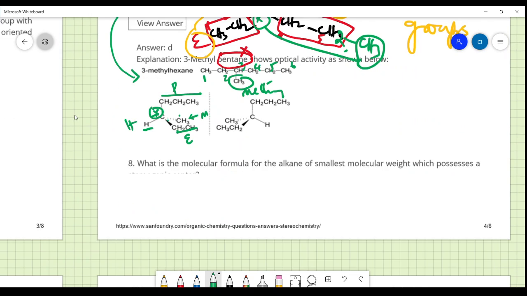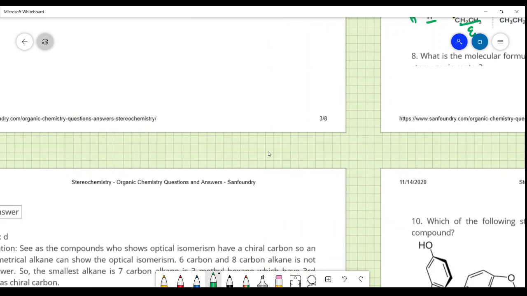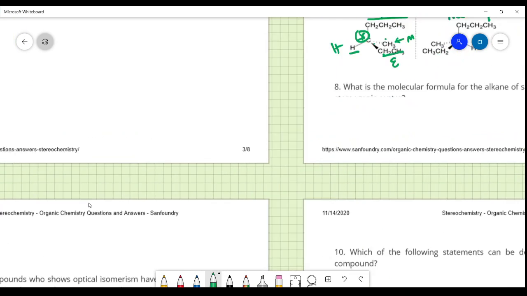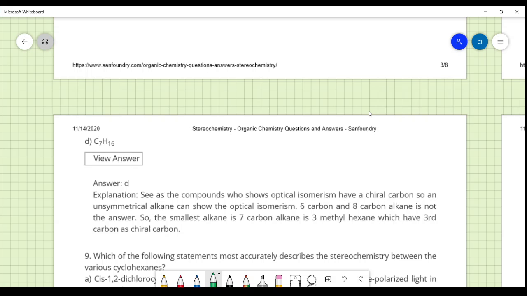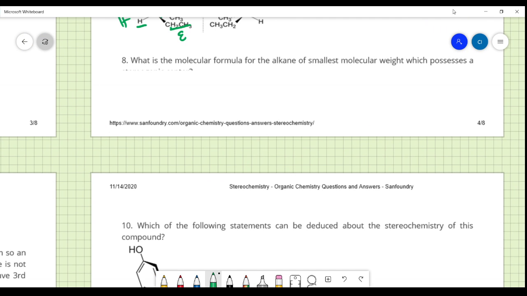Then the next question is, what is the molecular formula for the alkane of the smallest molecular weight which possesses a C7H16? I think something is missing there. Question 8. I'll just try to find out. Some page is missing there. I'll try to put question number 8. Just a minute.